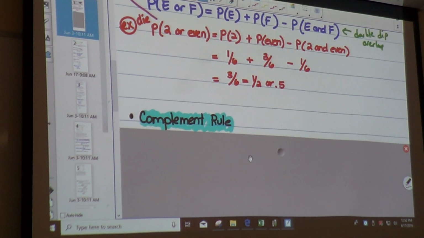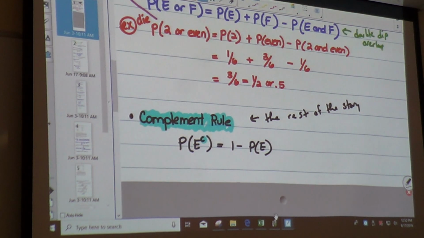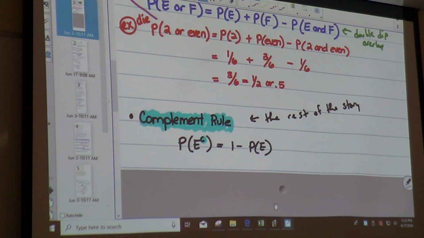Now the complement is the rest of the story.